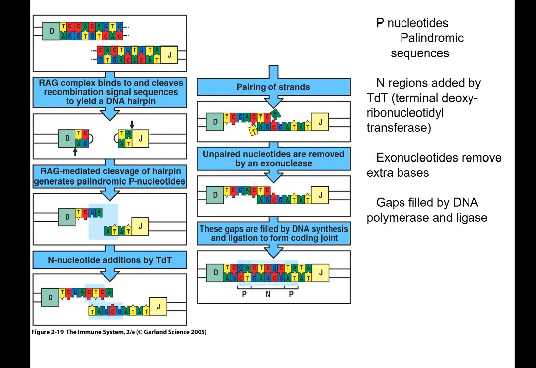It's going to cleave that hairpin to form this palindromic series, which adds diversity. Because before it was TCCACA, and now the sequence reads what? TCGA. So we already have diversity just by flipping that out and making that palindrome.